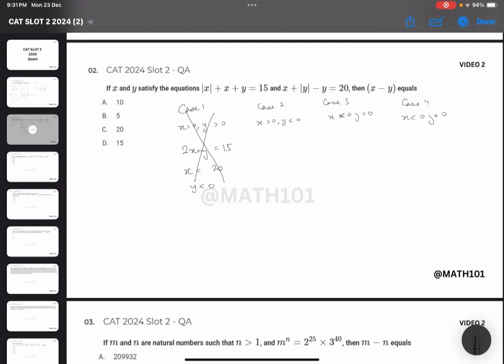Now case 2, x greater than 0. So the first equation would be 2x plus y equals to 15, because for x greater than 0, mod x is x. Y less than 0, mod y will be opened as minus y. So we get x minus 2y equals to 20.